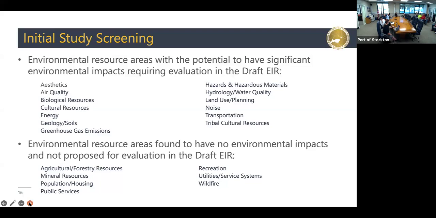Environmental resource areas found to have no environmental impacts and not proposed for evaluation in the draft EIR include agriculture and forestry resources, mineral resources, population and housing, public services, recreation, utilities and service systems, and wildfire.